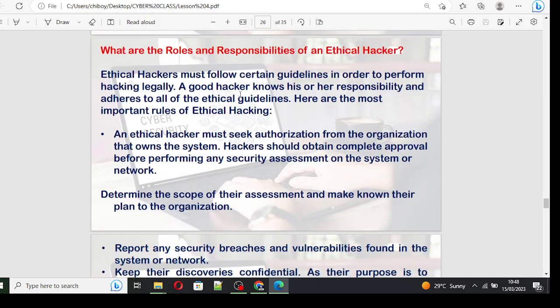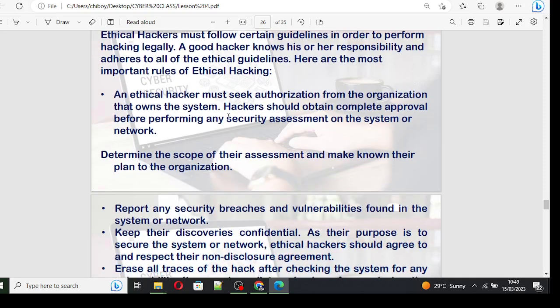Ethical hackers must follow certain guidelines in order to perform hacking legally. A good hacker knows his or her responsibility and adheres to all the ethical guidelines. Here are the most important rules for ethical hacking. An ethical hacker must seek authorization from the organization that owns the system. Hackers should obtain complete approval before performing any security assessment on the system or network.